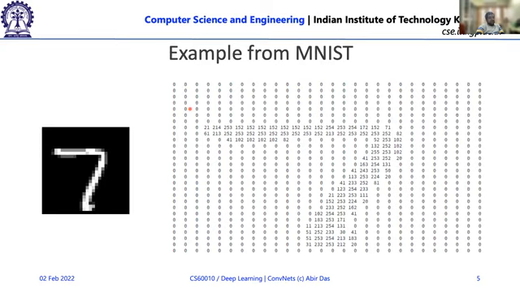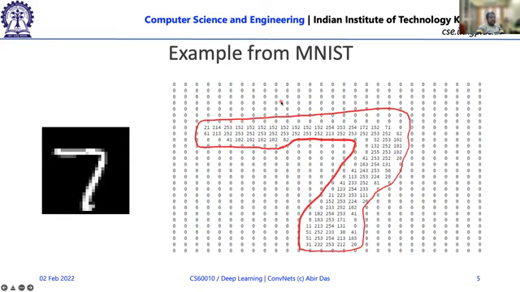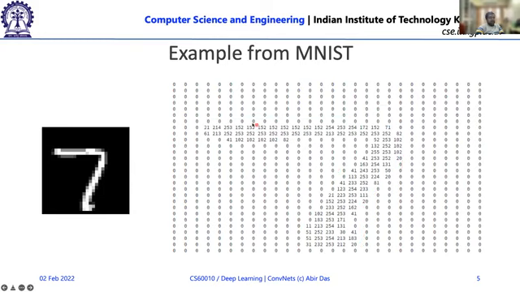If you look closely at this area, you are finding a 7. If I now take it back, you see it, right? All these non-zero values are arranged in the pattern of a 7.